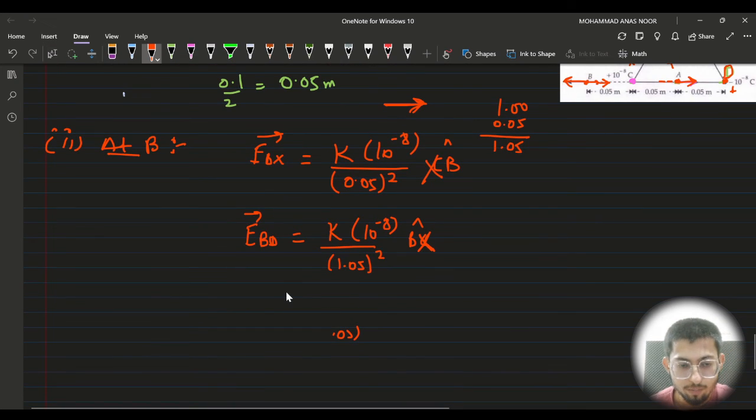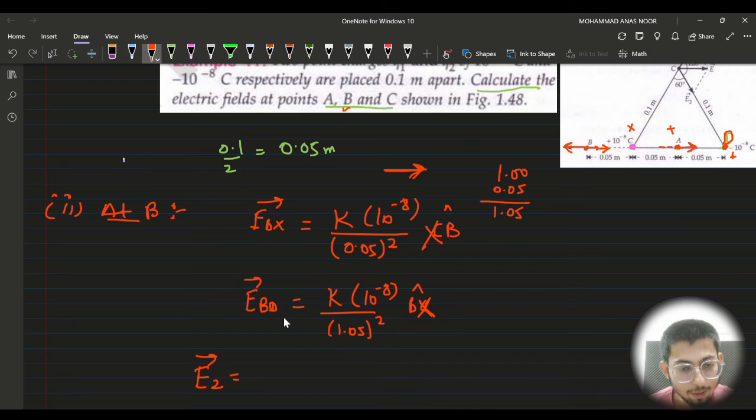So what would be the net electric field? Let's say it is E2, right? In this case, we cannot add them, right? Yeah, we would subtract. So, first thing first, what is this magnitude? It is the same, just the difference, and it's in the direction XB vector.